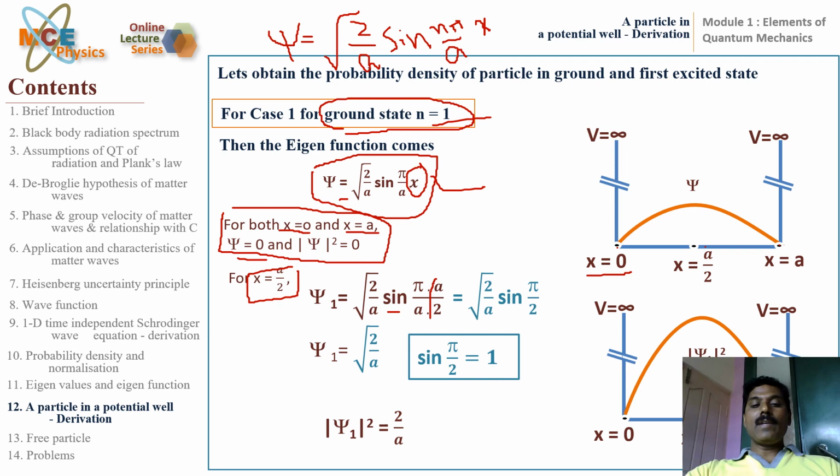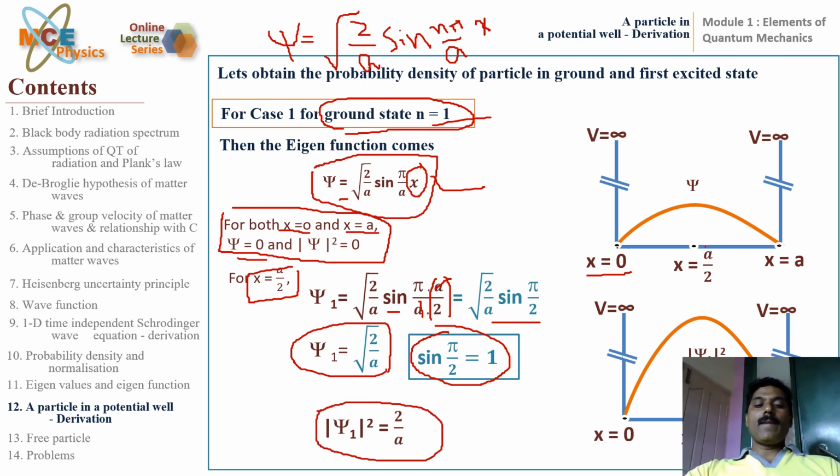Why am I taking a by 2? Because the x value is assumed to be a by 2. The a is cancelled, and sin pi by 2 remains. Sin pi by 2 means 1. Therefore, the psi value is equal to root 2 by a, and sin pi by 2 is well known, it's 1. And mod psi square is equal to 2 by a. Okay, this is one calculation.